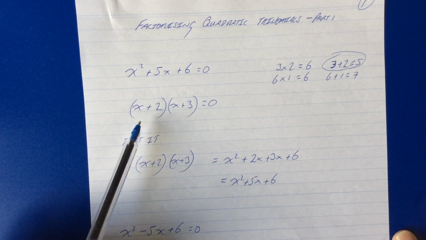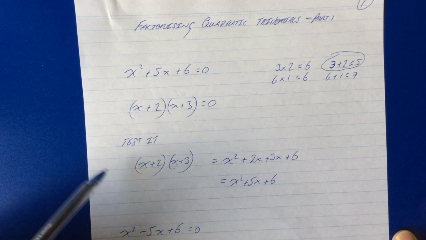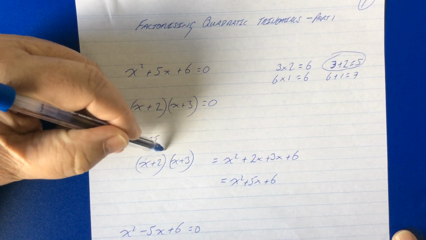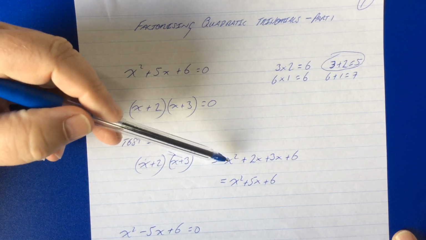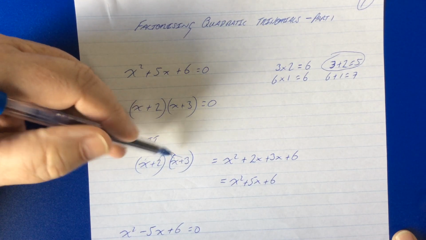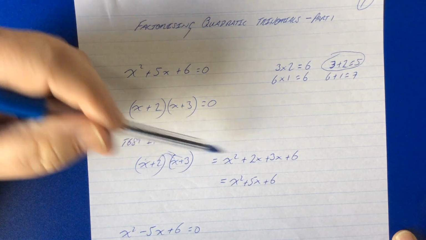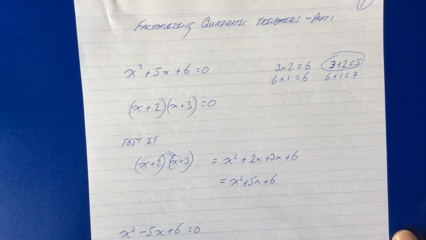Well, we think that these are the factors of that. So what we do is the old trick of multiplying this out, and we get x squared, 2x, 3x, and 6, and they add together to give us x squared plus 5x plus 6.